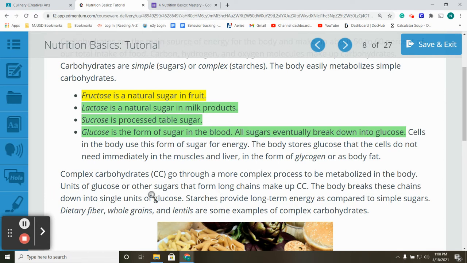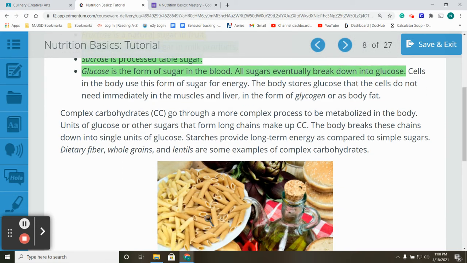Units of glucose or other sugars that form long chains make up CC. The body breaks these chains down into single units of glucose. Starches provide long term energy as compared to simple sugars. Dietary fiber, whole grains, and lentils are some examples of complex carbohydrates.